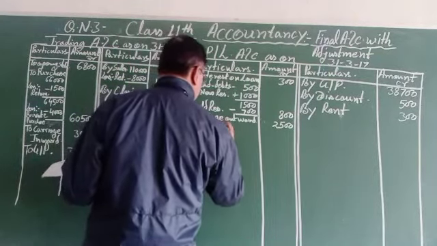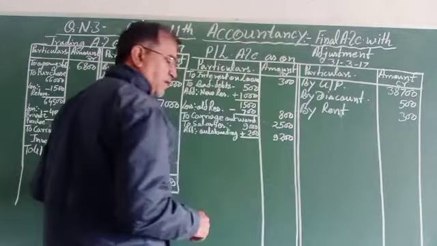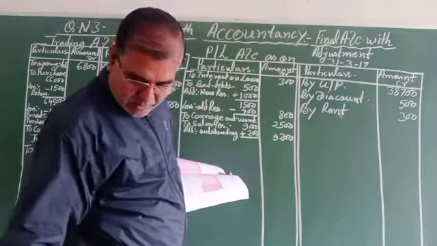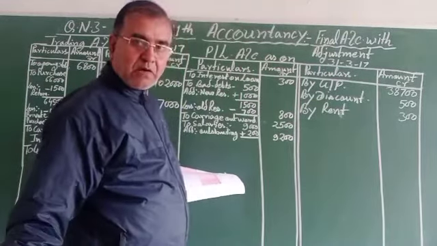Add outstanding 200, 9,000 plus 200. This way 9,200 also. Now dear children, next one after salary, rent and insurance.